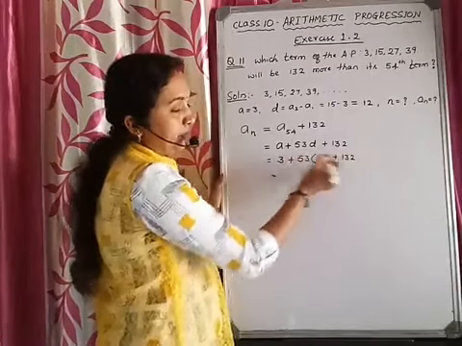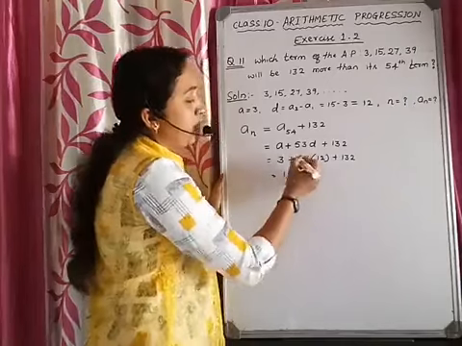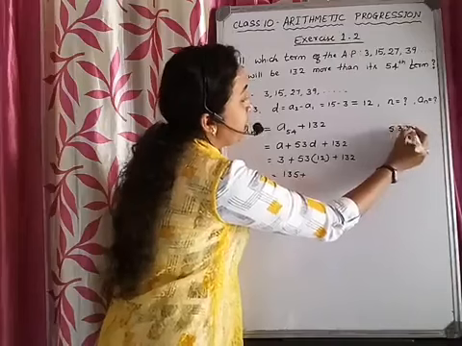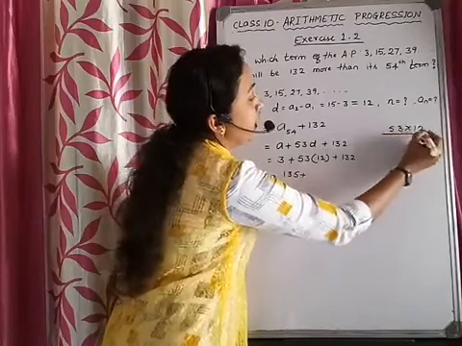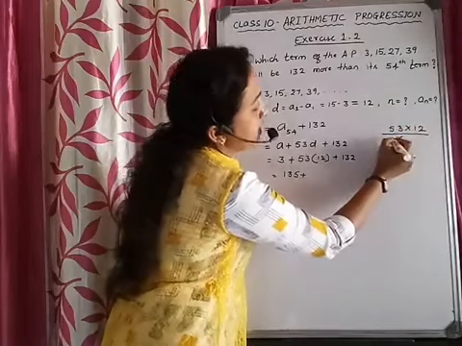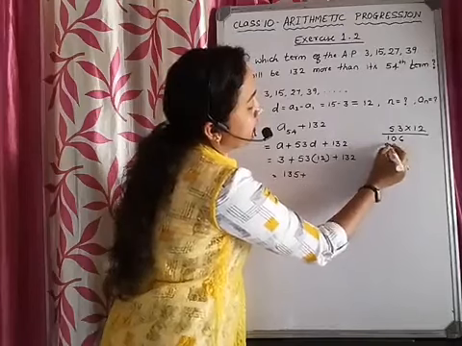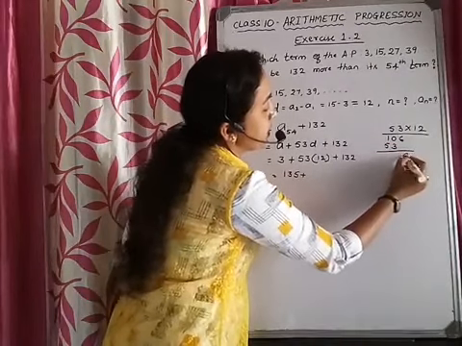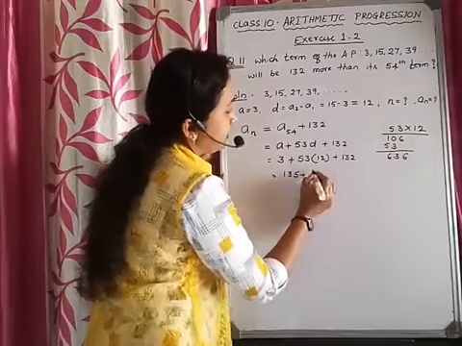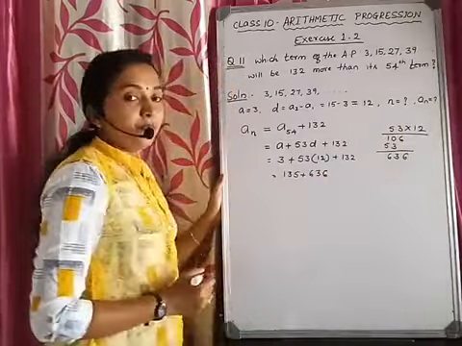132 plus 3 is equal to 135 plus, so let us multiply these two. 53 into 12. 2 3s are 6, 2 5s are 10. 1 3 is 3, 1 5 is 5. So the product of these two is 636.